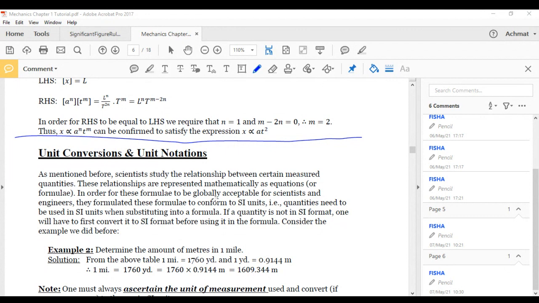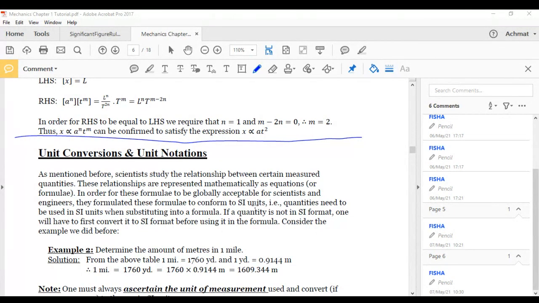So if you find that you have a particular unit, say for example in Britain, the people are speaking about feet or yards or miles, it is better to have it for the formula to work out properly. It is important for those things to be in SI units. So we have to be able to convert from whatever other unit form to the SI units.